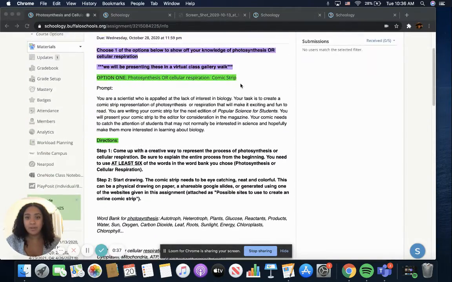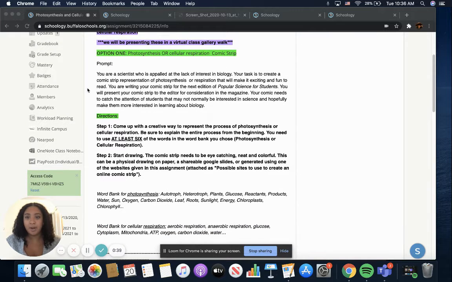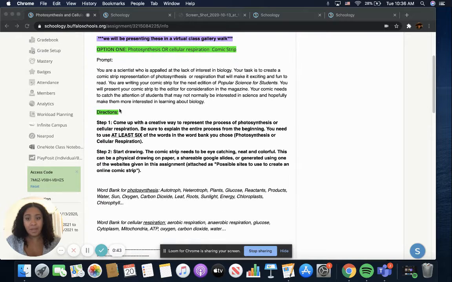So let's start with the comic strip. Here's a prompt that you could read on the Schoology website. I'm going to go over the directions. Step 1. Come up with a creative way to represent the process of photosynthesis or cellular respiration. Be sure to explain the entire process from the beginning. You need at least 6 of the words in the word bank you choose.